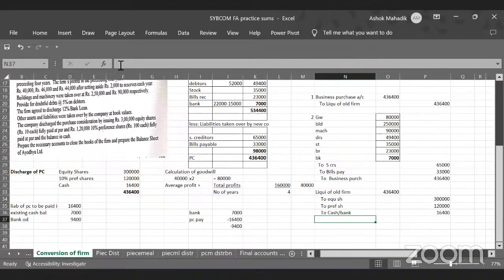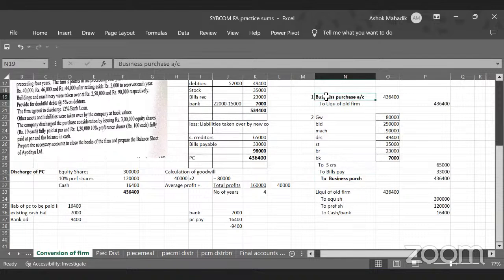I'll repeat. See, these three entries are just similar to what we did in amalgamation. I'll tell you how. Just let me shift these two figures here to the left hand side so there is no confusion. Now look, in the first entry, business purchase was debit, and in the second entry, at the end, we have credited. So it gets cancelled out.